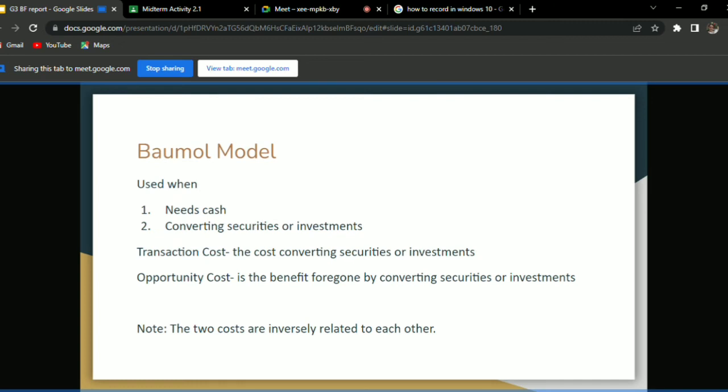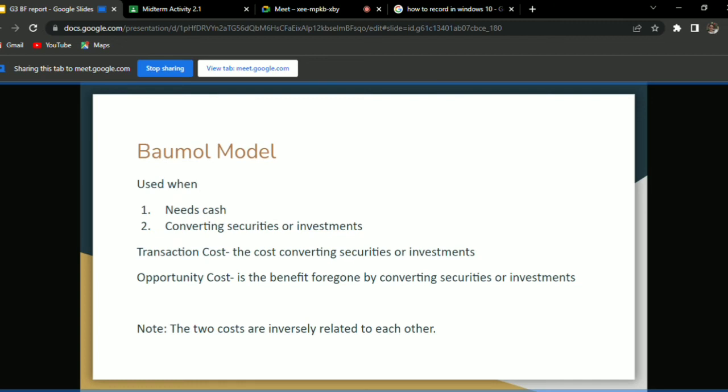Next is, when you sell marketable securities, you need to consider the two costs, which is the transaction cost, the cost of converting your securities or investments, and the opportunity cost, the benefit forgone by converting securities or investments. So, what is benefit forgone? Every time mo-baligya ka og investments or marketable securities, makakuha kag cash, mao na imong benefit.